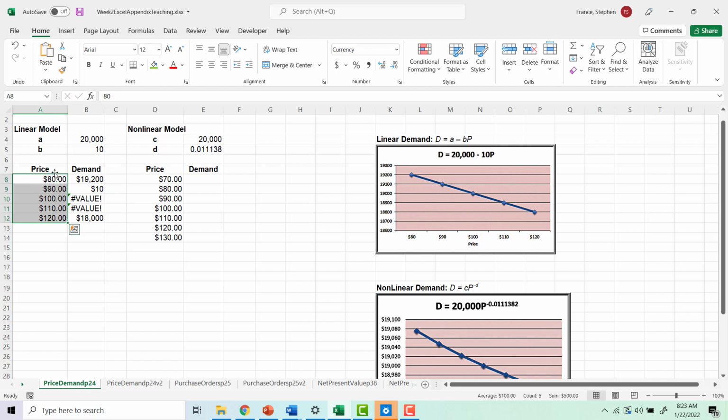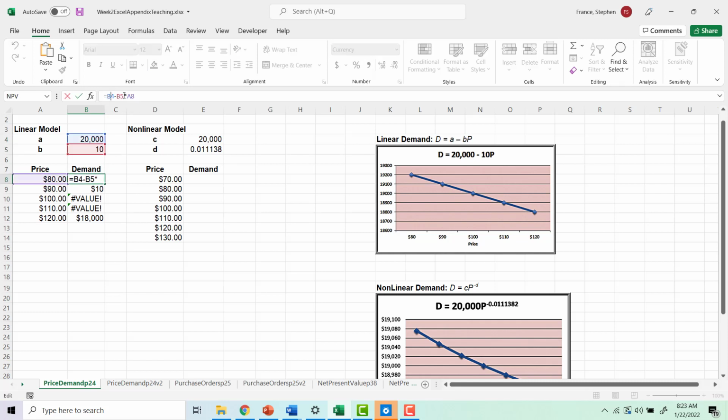So the idea is we want to move the price down, but we want to keep these parameters fixed. The way we do this is instead of B4, we put a dollar before the 4. And this means if we drag it, it doesn't change the value. We could also put a dollar before the B, and that means if we drag to the right, it wouldn't change the cell we're referencing.